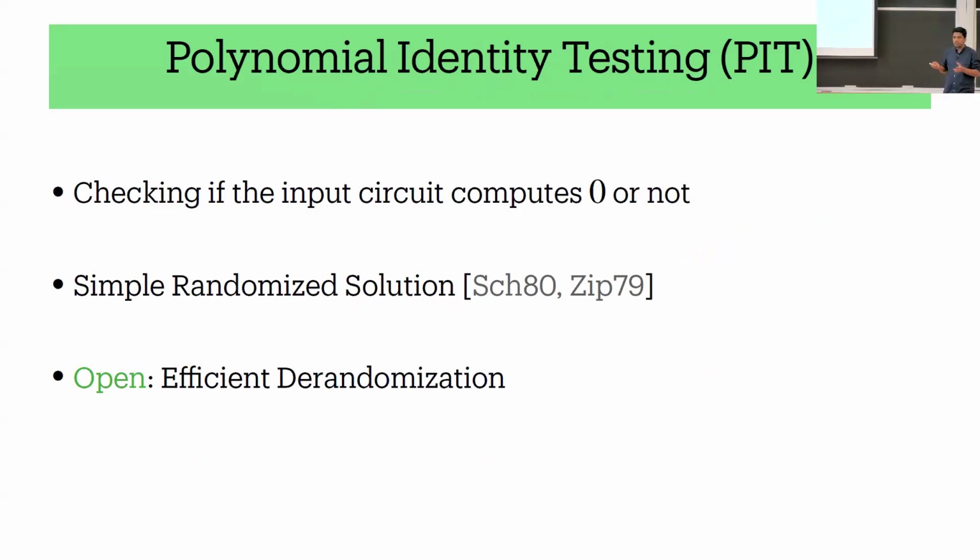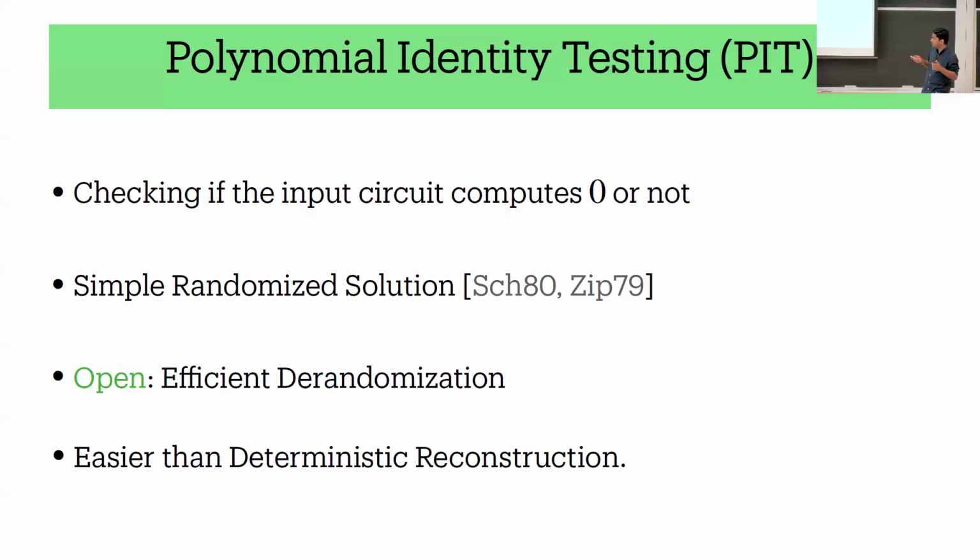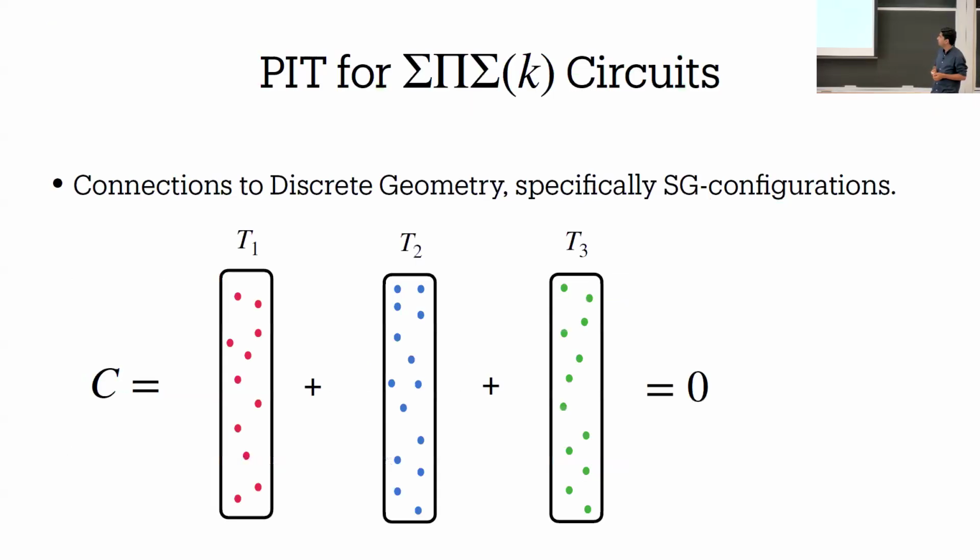It has a simple randomized solution due to the Schwartz-Zippel lemma: just pick a random point and check. De-randomizing it is a big open problem, as Robert talked about. It should be noted that de-randomizing PIT is easier than deterministic reconstruction, because if you are learning the entire circuit, you know if it's zero or not.